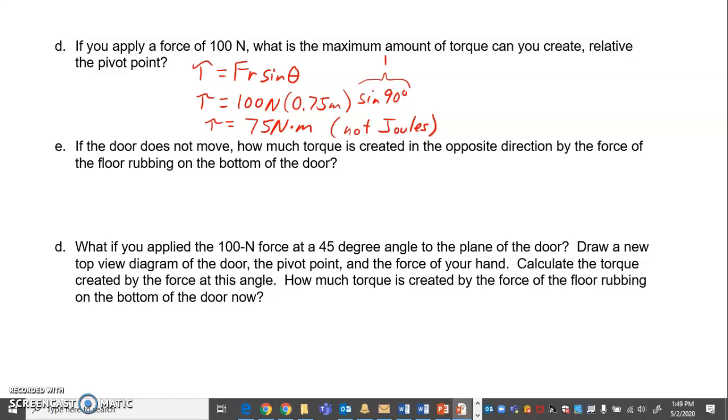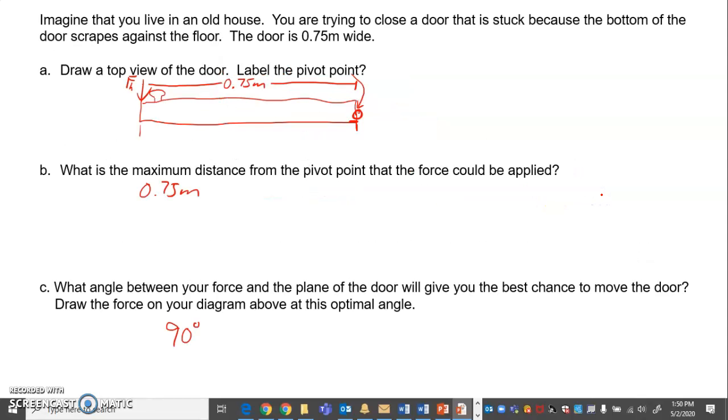All right, if the door does not move, how much torque is created in the opposite direction by the force of the floor rubbing on the bottom of the door? Well, it must be 75 Newton meters, but in the opposite direction. Okay, so if we look here, we're going to say that counterclockwise is our positive direction for torque.